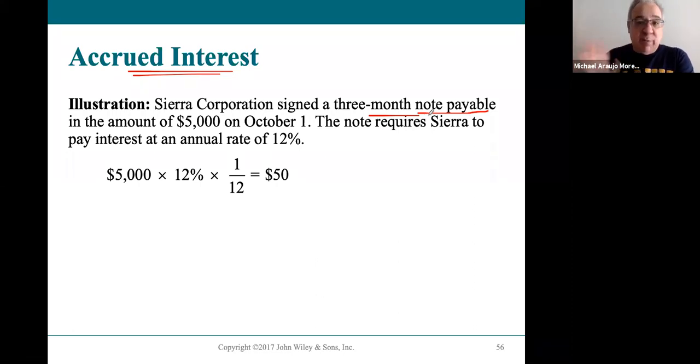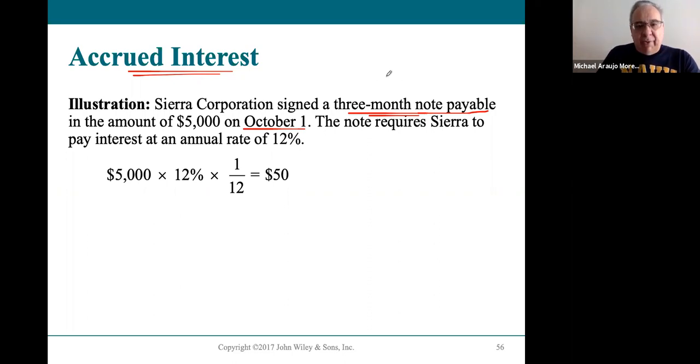You don't make any payments prior to that. You may pay it all on the day it's due. So they took out this loan on October the 1st. They don't have to pay it back until 3 months with interest, which means it's not going to be paid until January the 1st, because that's 3 months away from October the 1st.